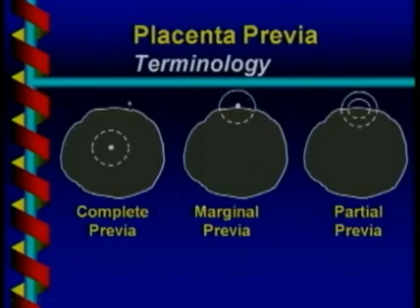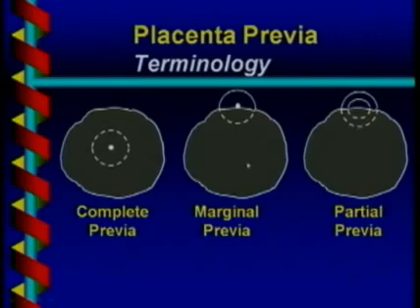So this overall gray area here that I'm outlining is the placenta, as would be seen by the baby. And if the baby had X-ray vision, this is the cervix, and this little dot is the internal os that's closed. So this would be a complete previa. The placenta completely covers the cervix.